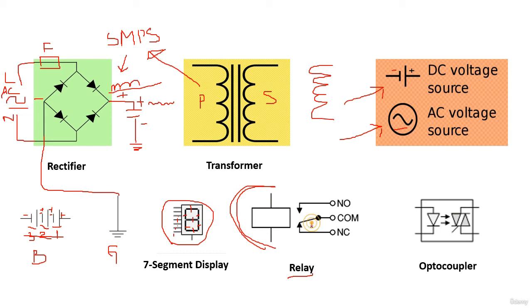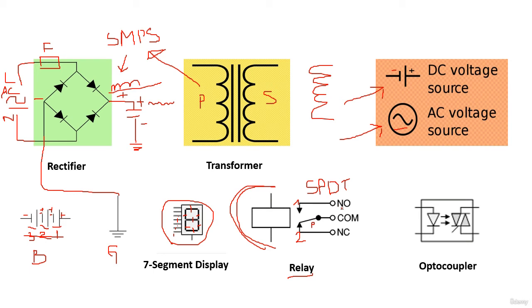We have one pole, so this is SPDT, single pole double throw. We have the first throw and the second throw, so it is single pole, double throw.